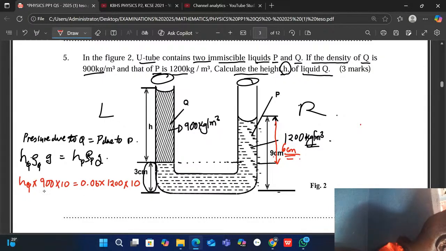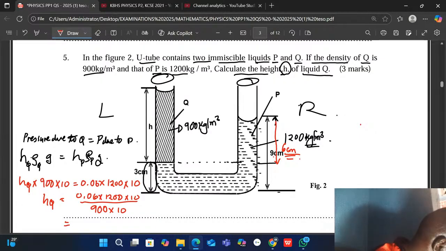So we are looking for our height Q. H of Q will be 0.06 times 1,200 times 10 divided by 900 times 10.